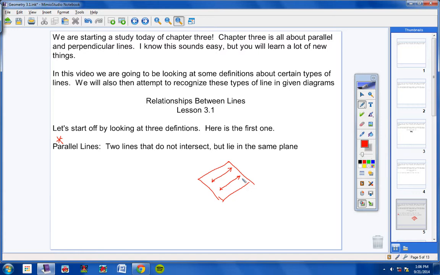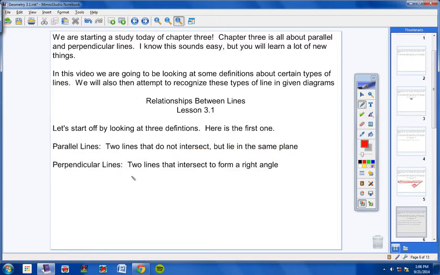And that sheet of paper is like representing a plane. So the sheet of paper is your plane, and the two lines that are drawn on the sheet of paper are your lines. So that would be an example of parallel lines. Two lines that lie in the same plane that do not intersect, okay? Now please copy this in your notes. You're responsible for that on tests and quizzes coming up, okay?